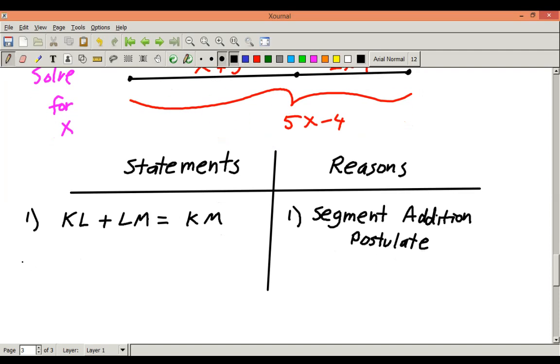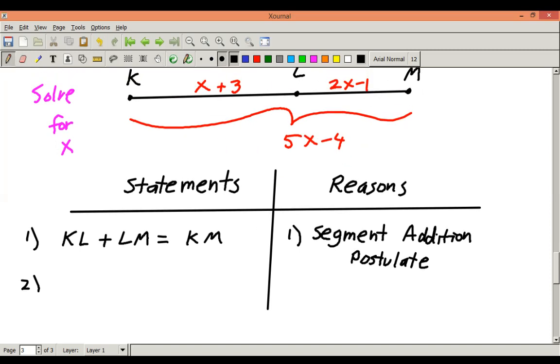Okay, statement number 2. I'm going to put in for KL x plus 3. Then I'm going to put in for LM 2x minus 1. And then I'm going to put in for KM 5x minus 4.